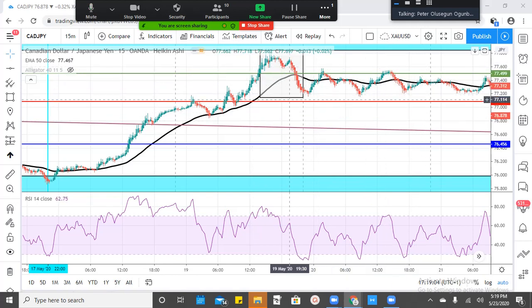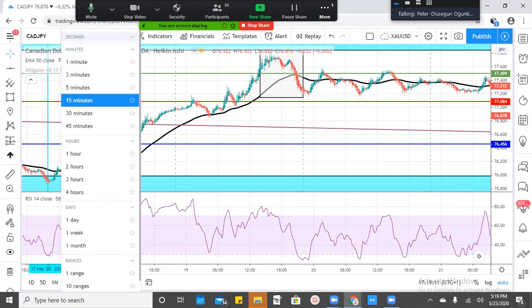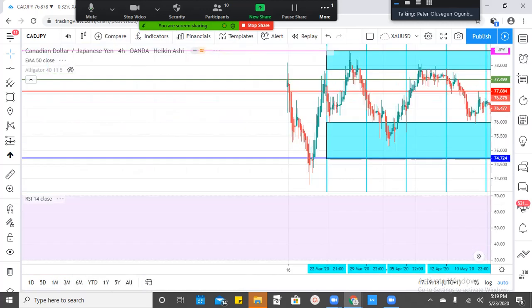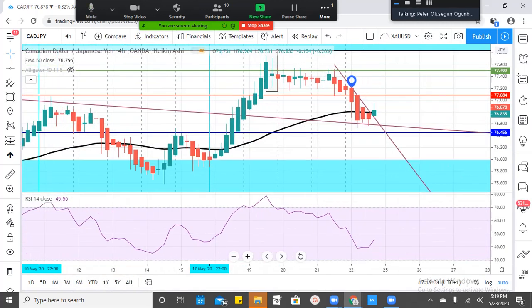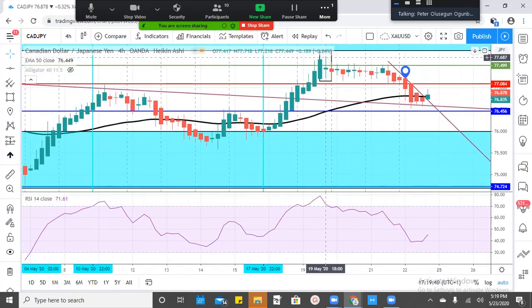Okay, so let me switch back to 4 hour. Now, that's the first box. The first box is this, which is the highest level and the first lower low.